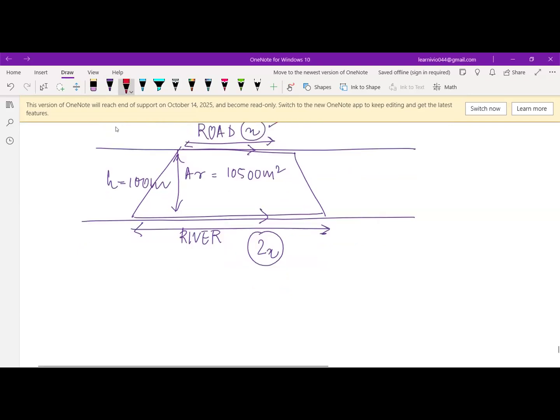Ma'am, the length of the side along the river is 14 meters. Dua, tell me the complete solution, child.